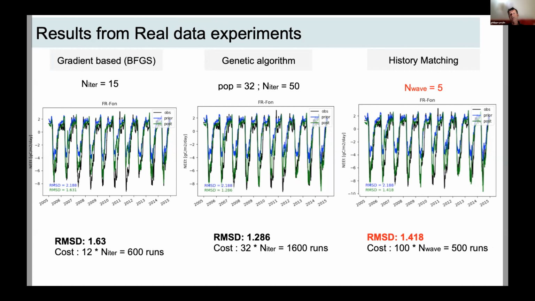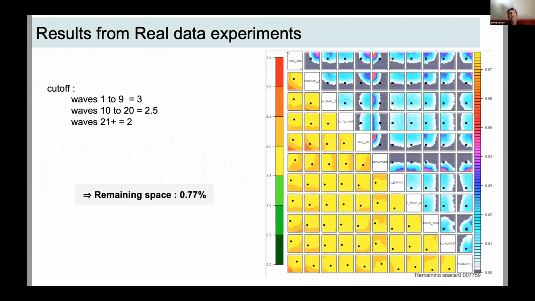So my take-home message: we are exploring that, and I think there's a lot of potential in this history matching. Sorry, I went fast. We can look here at, in these real data experiments, this typical graph where you see in the upper triangle the gray zones that tell you these parameters, 2 by 2, cannot be combinations that match your data.